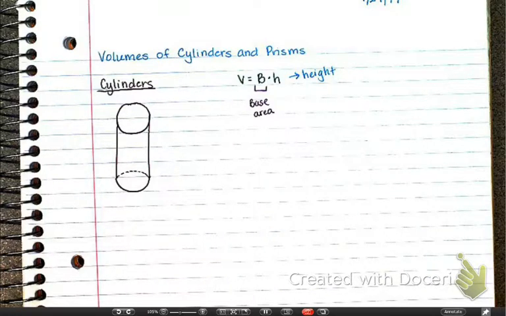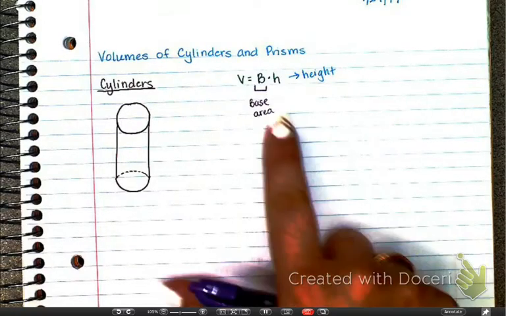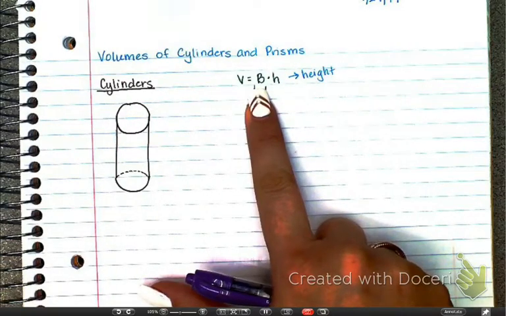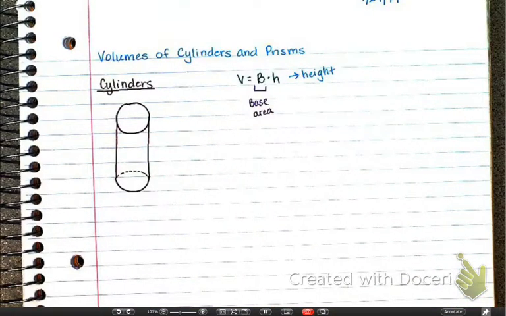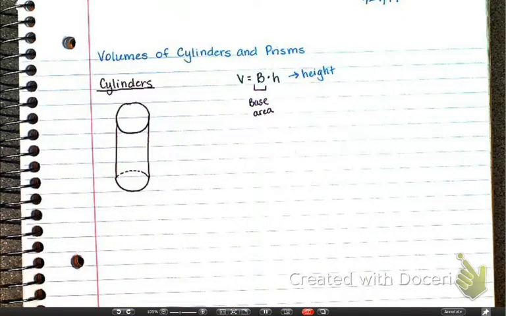So if I'm talking about a cylinder or a can, what is the shape of my base? A circle. Do you know how to find the area of a circle? So that's what we would replace with this B, is area of a circle, and then multiply it by the height. Okay, so B stands for base area. And we're going to use this formula again when we get to prisms, which is why base area is important. Okay, so let's try one.